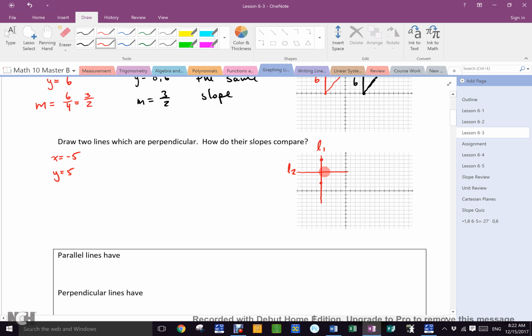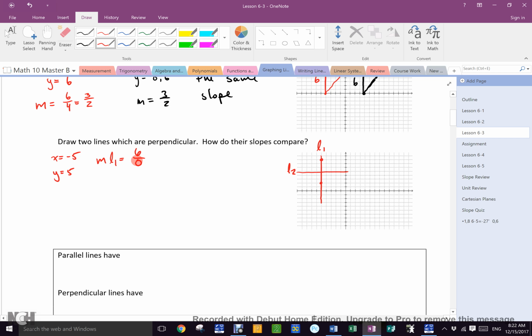I've got 1, 2, 3, 4, 5, 6. Everyone agree? So my line 1, the slope, and there's an m that's going to show up there in a minute. The m of line 1 is a rise of 6 over a run of 0, yes?